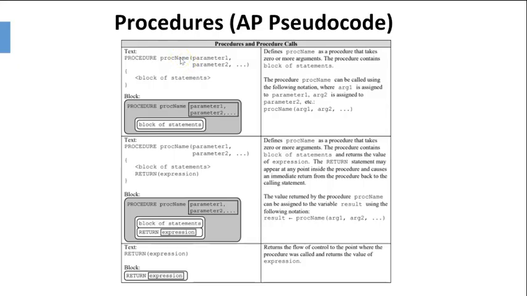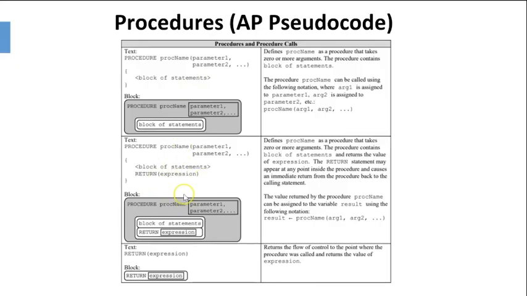You could have a procedure that's named draw a circle, or say hello, or add two numbers together. All of those are possible proc names, and then this parameter 1, 2, and so on is just telling us that we can have as many arguments as we want being passed in as parameters. And then we have some code in here, a block of statements that make up that procedure.